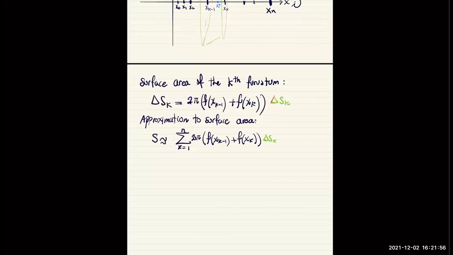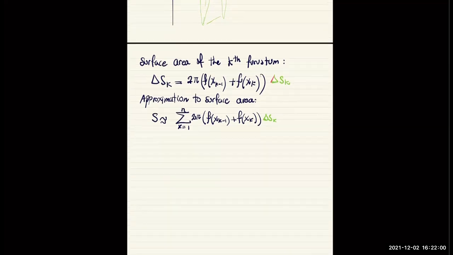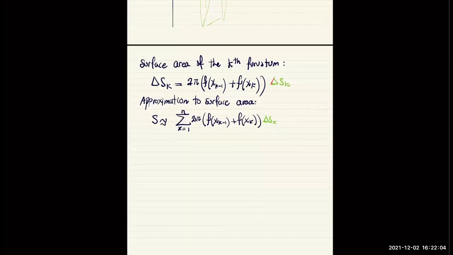All right. And to get the exact surface area, we have to take n to infinity. You do the limit of what's called the Riemann sum. Limit as n goes to infinity of the sum.